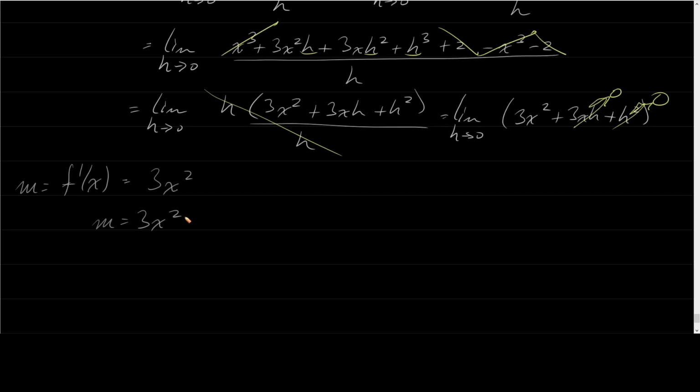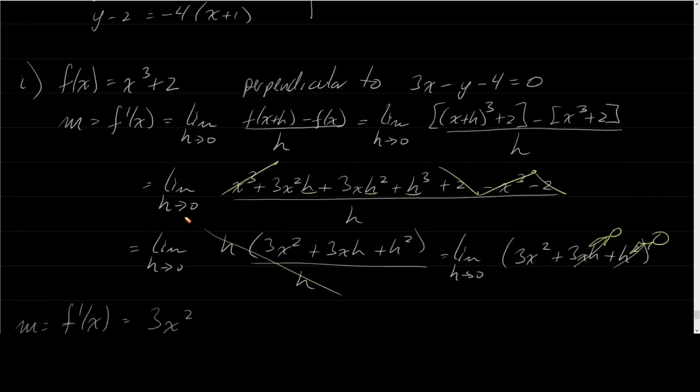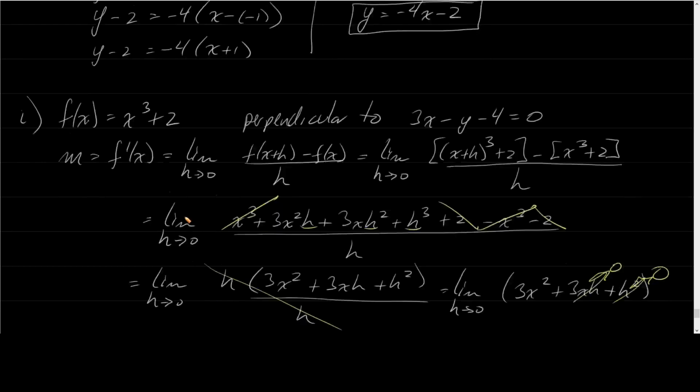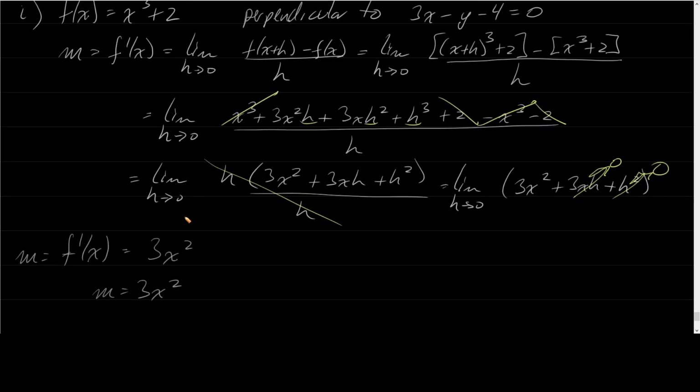Now, what we need to figure out is something that's perpendicular to the given line. What was the given line? 3x minus y minus 4 equals 0. Solving for y here, I end up with y is equal to 3x minus 4.